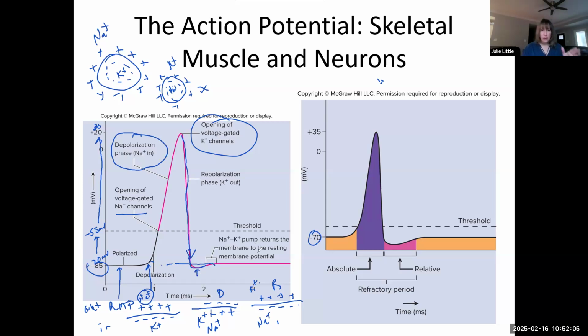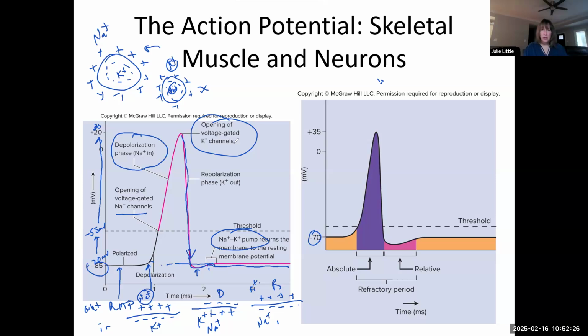That's hyperpolarizing the membrane, if you will recall. To get us back to normal resting membrane potential, we need the sodium-potassium pump to pump this sodium out and this potassium in to return us to that normal state of rest. Okay, that's our action potential review for skeletal muscle cells and for neurons.